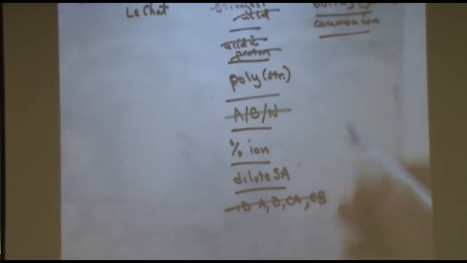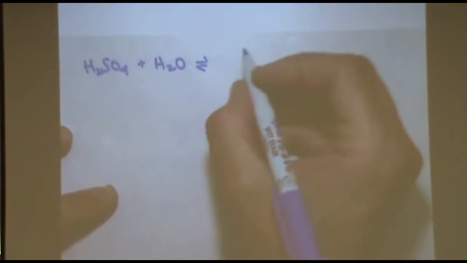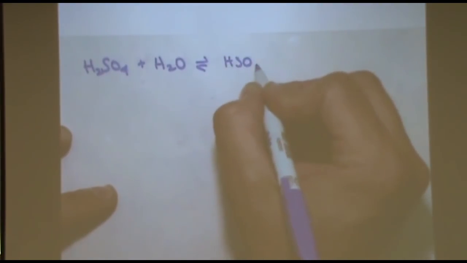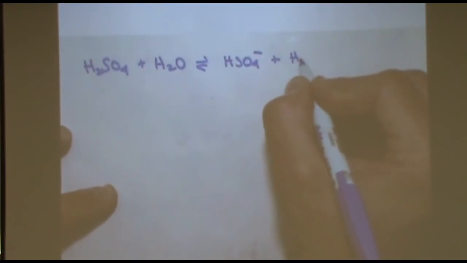All right, let's talk about the polyprotic. There's only one strong polyprotic that you learned. It's H2SO4. Again, if I asked you to write out the general equation for the acid, you should be able to write H2SO4 plus water goes to HSO4 minus plus H3O plus.